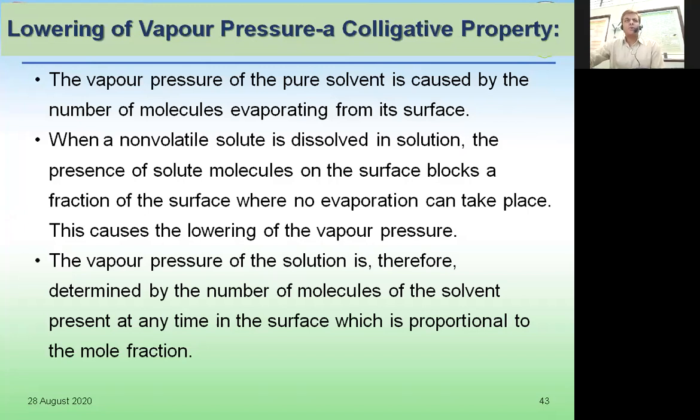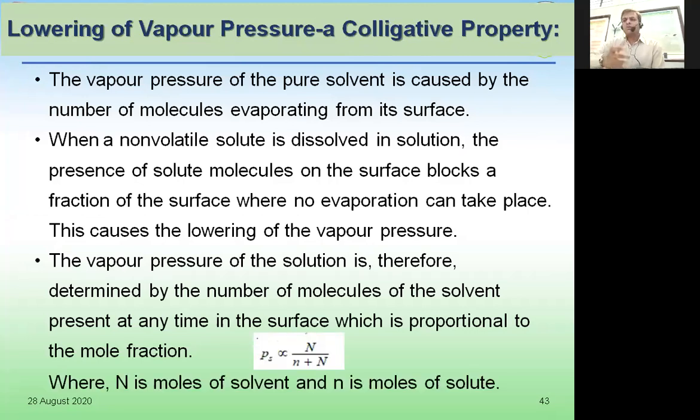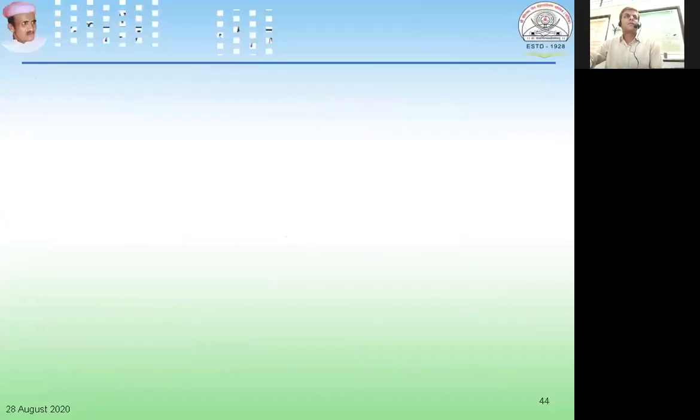The molecules of the solute are not leaving, the molecules of the solvent are ready to leave. So the vapor pressure of a solution depends on the number of solvent molecules on the surface of the solution at a given point of time, as Ps, that is vapor pressure of solution, is proportional to mole fraction of the solvent, that is capital N upon small n plus N.